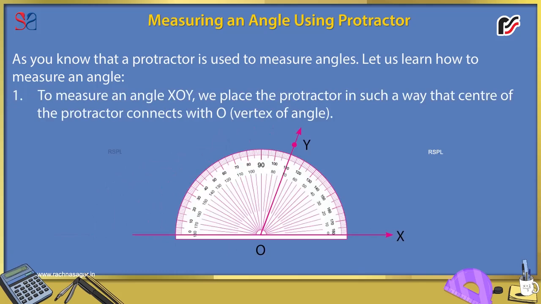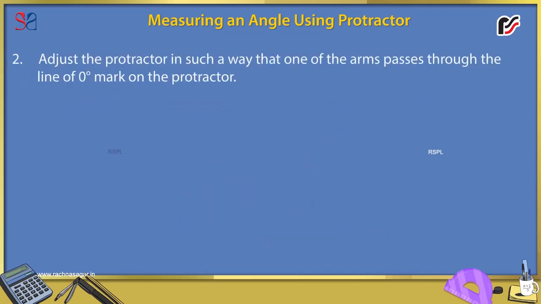Number 1. To measure an angle XOY, we place the protractor in such a way that the center of the protractor coincides with O, the vertex of the angle. Number 2. Adjust the protractor in such a way that one of the arms passes through the line of the 0 degree mark on the protractor.